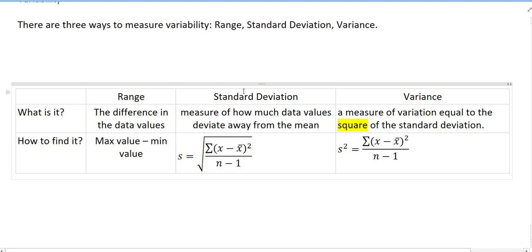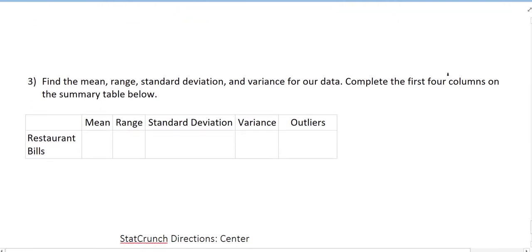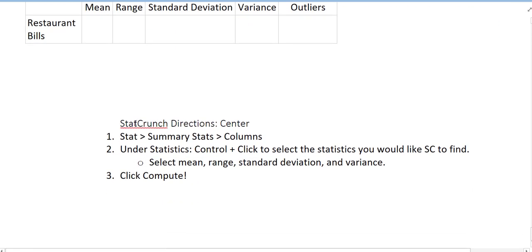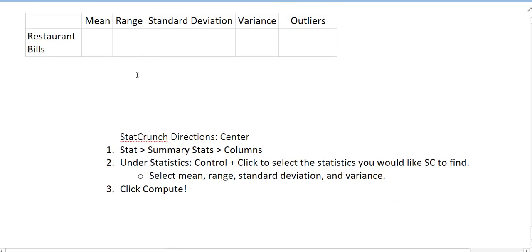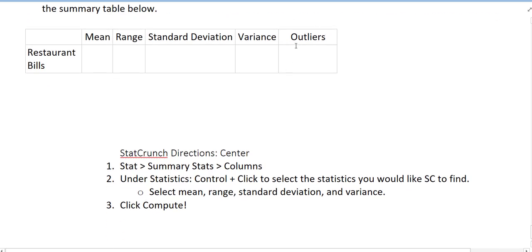So from StatCrunch, we'll go and do the summary stats for that. On the notes that I provide for you, there are always instructions on how to use StatCrunch. To find the mean, range, standard deviation, and variance, we will go to StatCrunch, to the Stat menu, then Summary Stats, and then Columns.